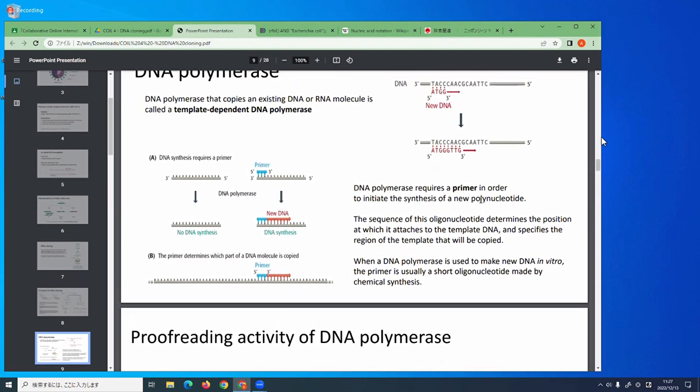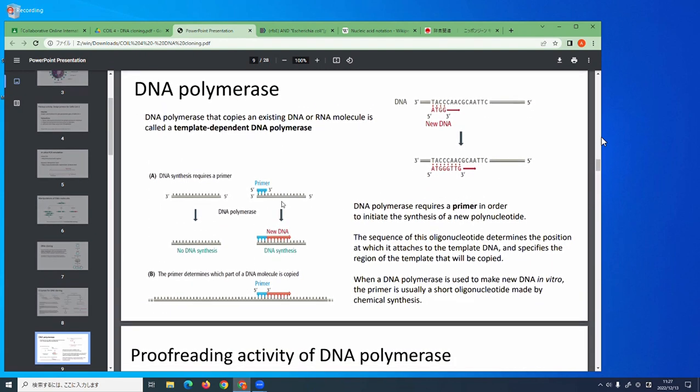I don't think we have to repeat this, but for DNA polymerase to work, you need primers, and then DNA polymerase will begin the replication or copying DNA process by first synthesizing the new DNA strand from the 3' side of the primer according to the complementary strand, right?